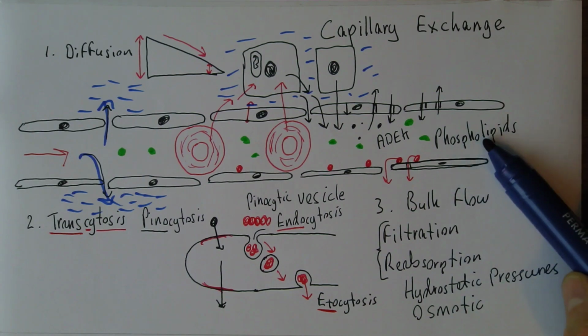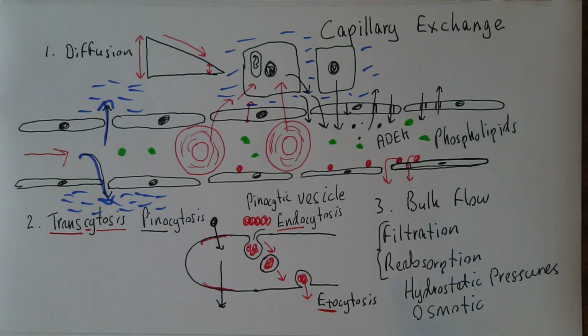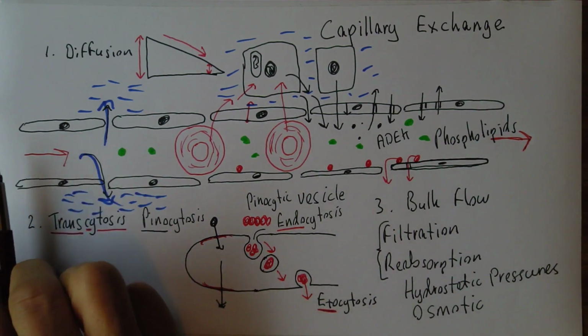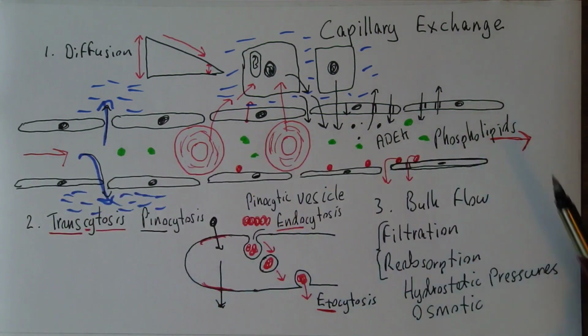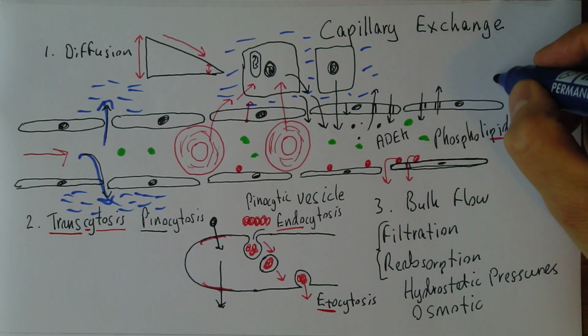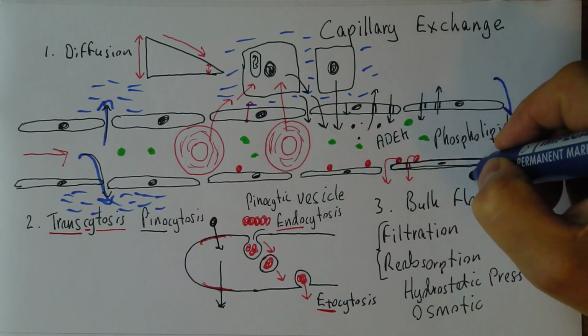And then when the hydrostatic pressure, when the blood pressure is lower at the venous end of the capillary, because blood's going to exit via the venous end of the capillary. So this is the arterial end of the capillary with the blood going in, flowing through, exiting via the venous end of the capillary. Here, the osmotic pressure is going to be greater than the hydrostatic pressure, so fluid's going to get sucked back in.